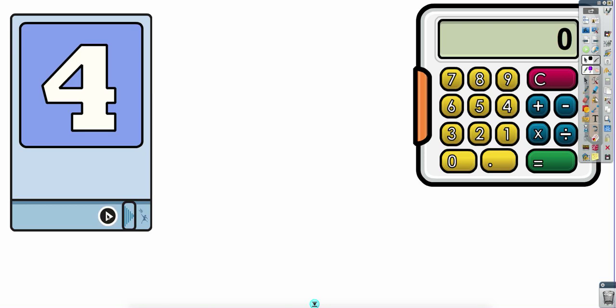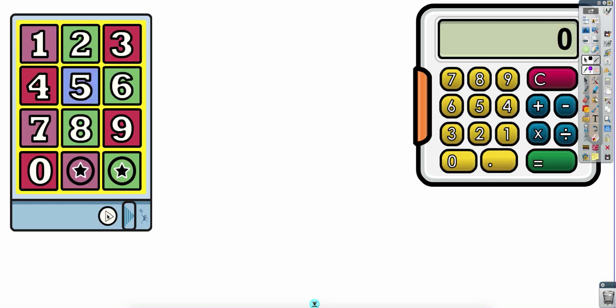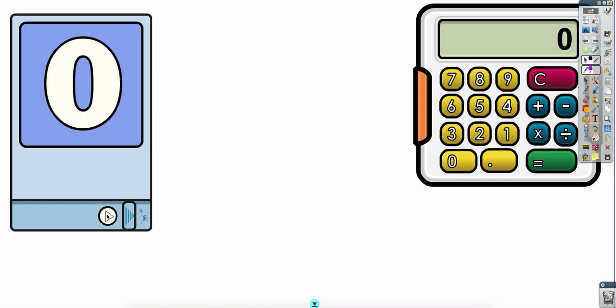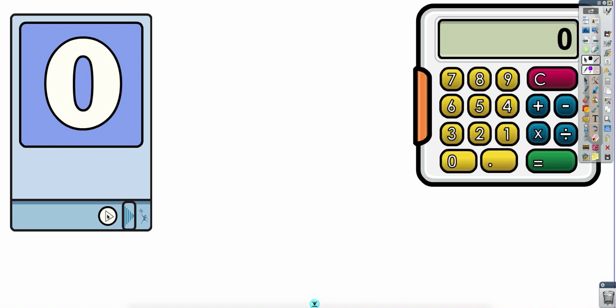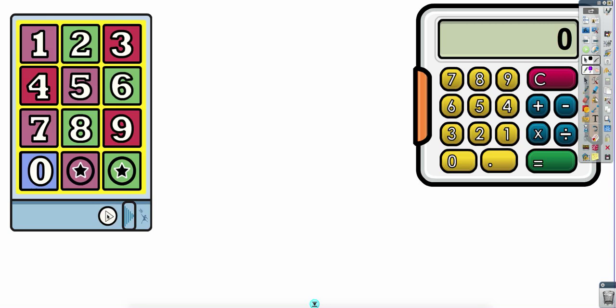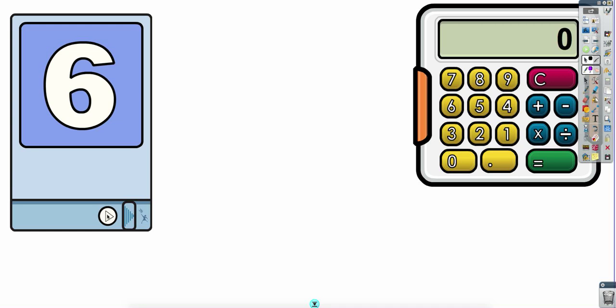So 234 divided by, no, we don't want 0, because anything divided by 0 is 0. Okay, so 234 divided by 6. So that's what I'm going to show you.